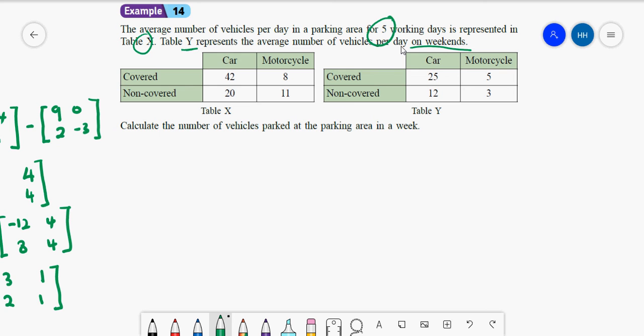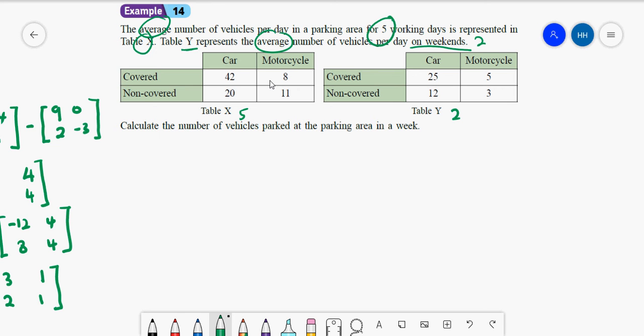So weekdays, 5 working days, and weekend you have 2 days, right? Calculate the number of vehicles parked at the parking area in a week, because this is an average. So to find the total for working days, you must multiply with 5, because this is for 5 working days. This is for 2 days.